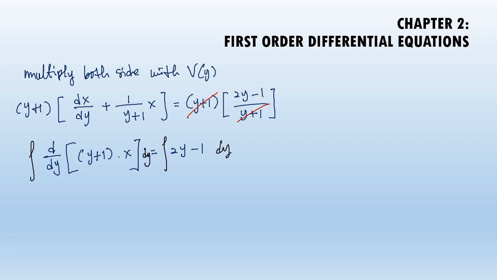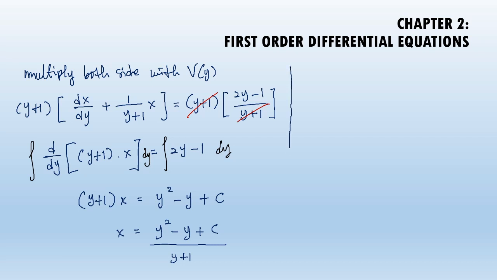So on the left side we have y plus 1 times x, and we integrate the right side, 2y minus 1. We have y squared minus y plus c. So we have x as y squared minus y plus c over y plus 1.